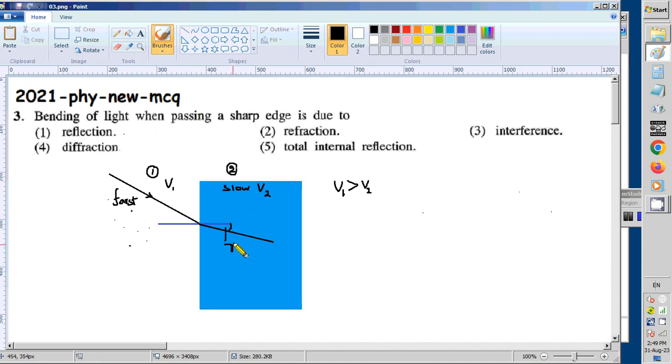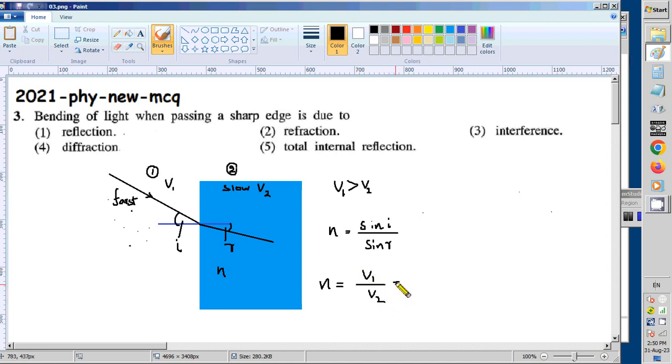This one we say R, this one we say I. So the relationship is, if the refractive index is n, it equals sin I divided by sin R. But refractive index is also defined in terms of velocities: the greater one, v1, divided by v2.